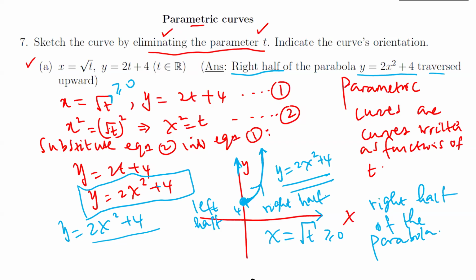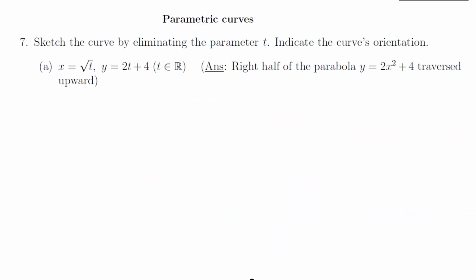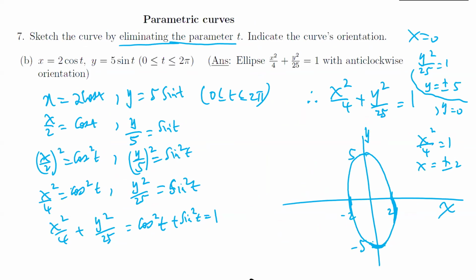Okay, so if you look at this one, same thing. Now, t is greater or equal to 0, but t runs from 0 to 2 pi. So when t runs from 0 to 2 pi, what's going to happen with this?